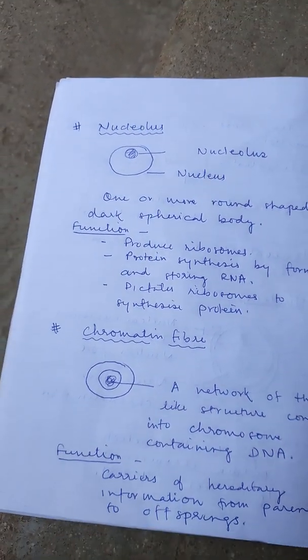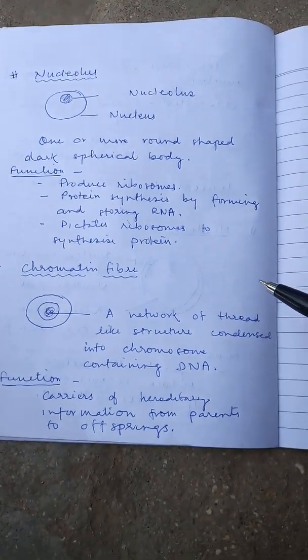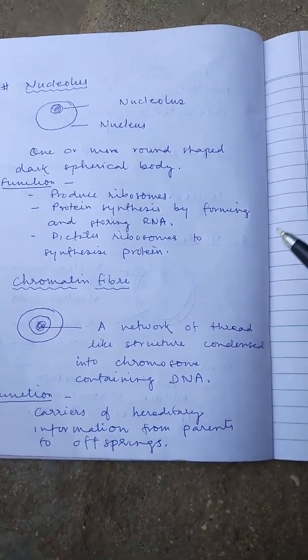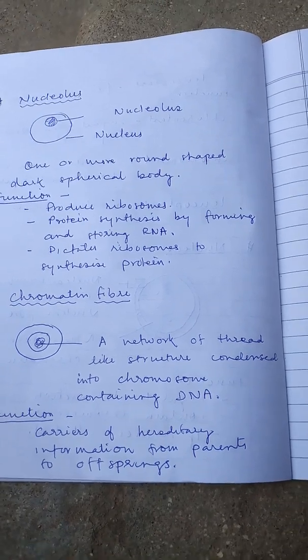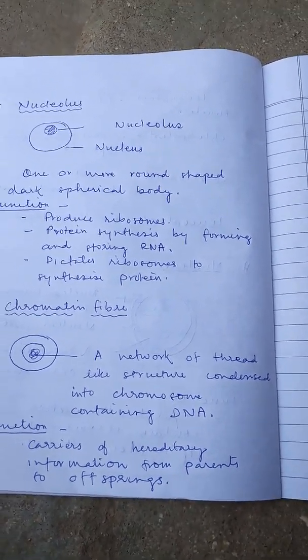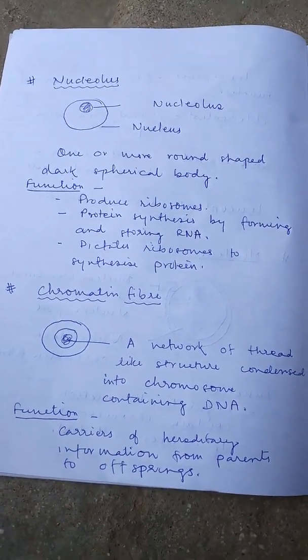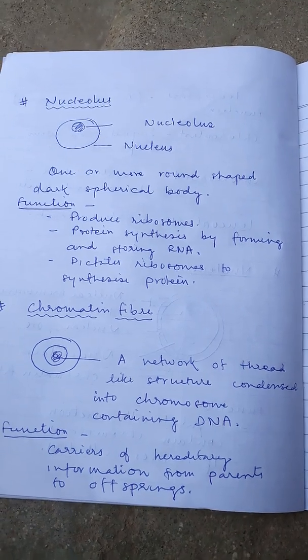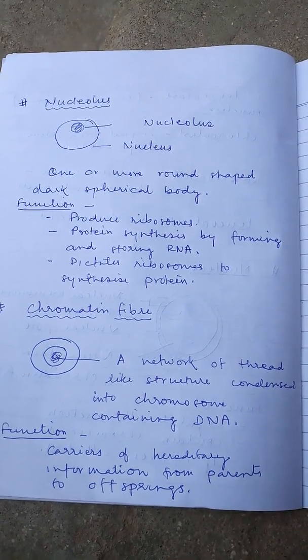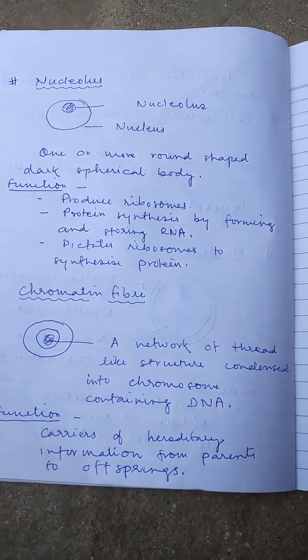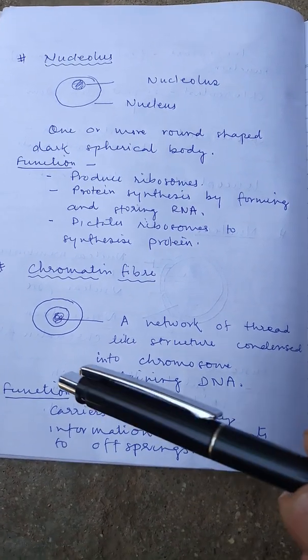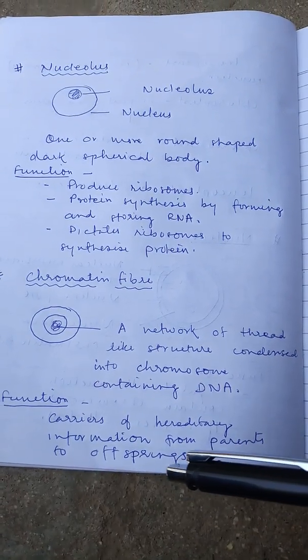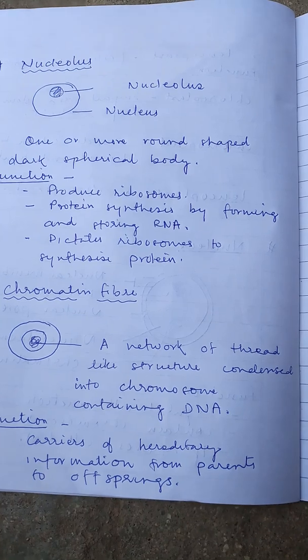Now, chromatin fiber is a network of thread-like structures that condense into chromosomes containing DNA. Chromosomes are the carriers of information from one generation to the other. So they carry hereditary information from parents to the offspring.